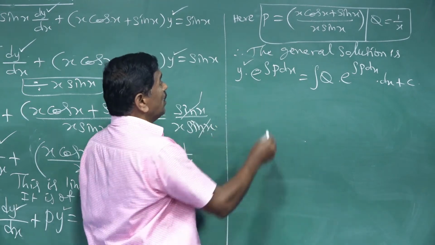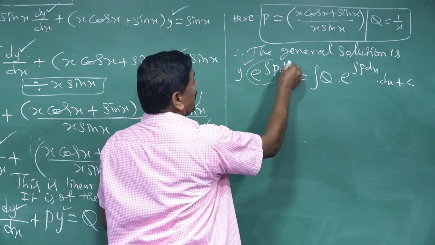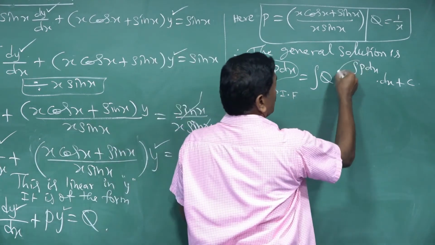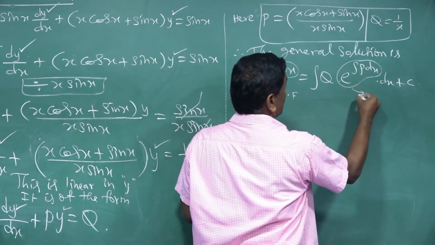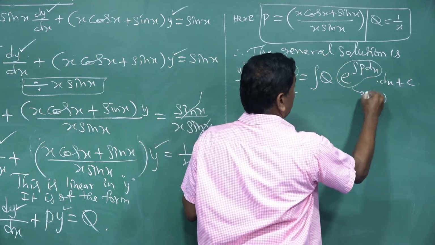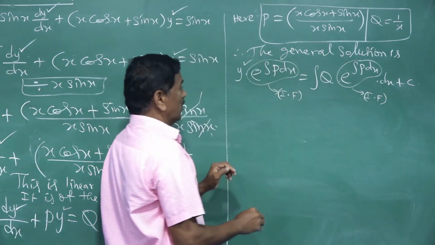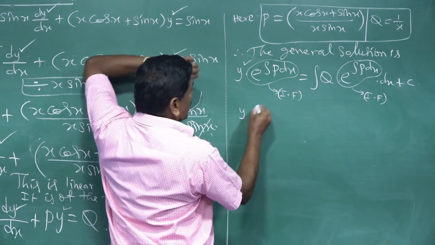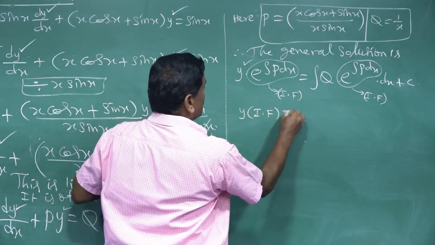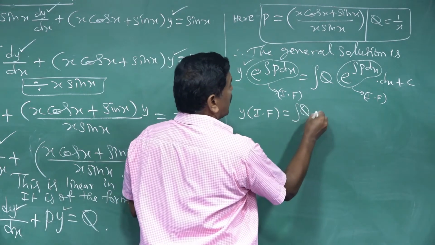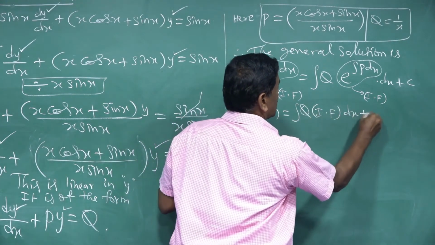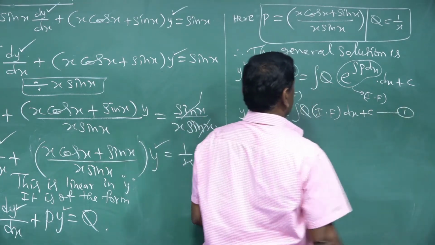Now, as usual, e power integral P dx is named the integrating factor. Now rewrite the formula: y into integrating factor is equal to integral of Q into integrating factor into dx plus c.